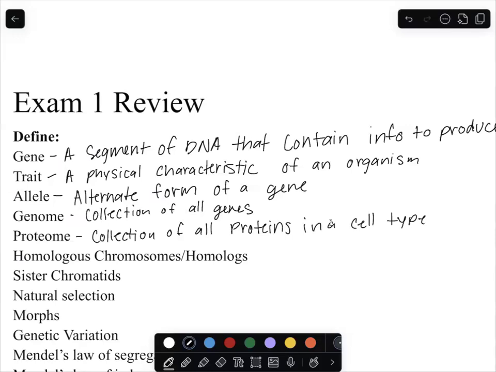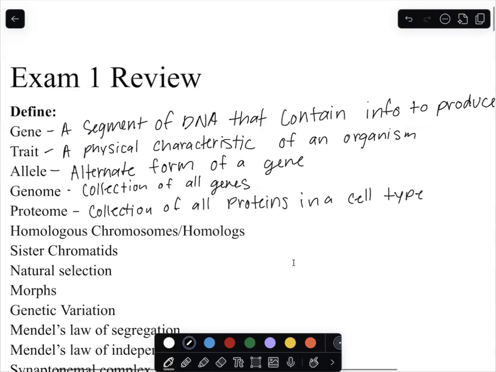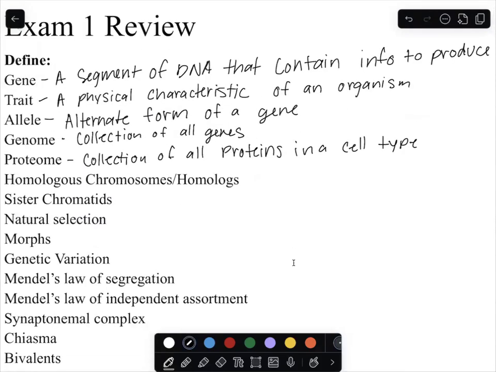And just remember, some cells are specialized, so they have different proteins in them at different concentrations. That's why it's a little different. Okay. Homologs are homologous chromosomes. These are not identical chromosomes.